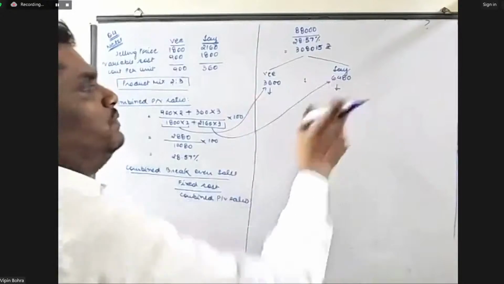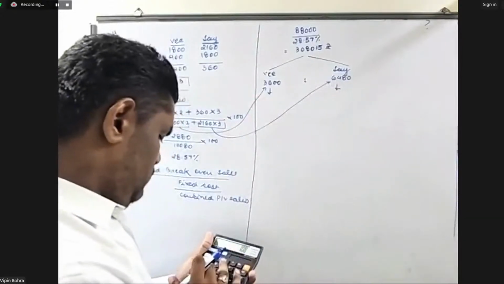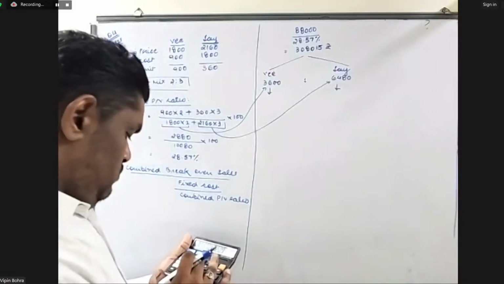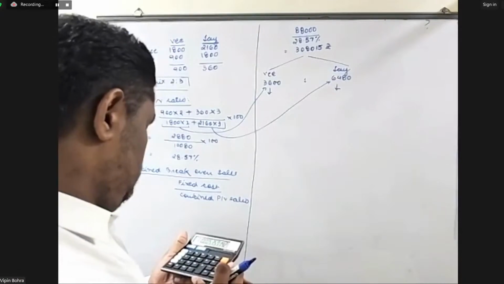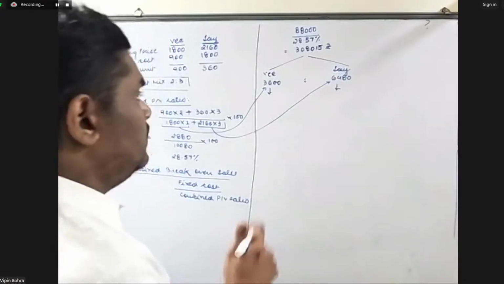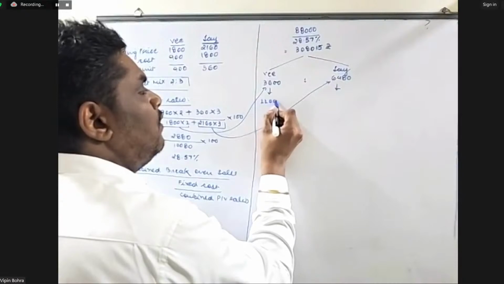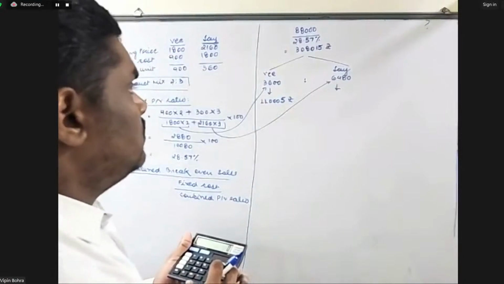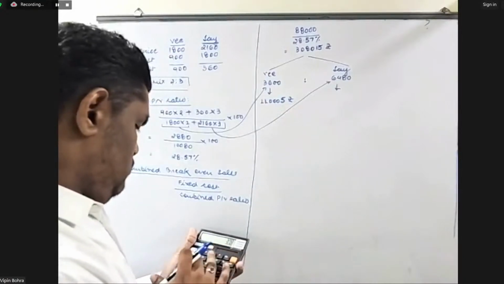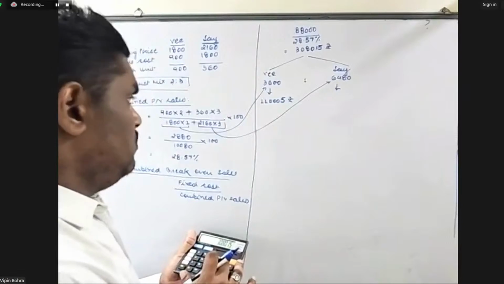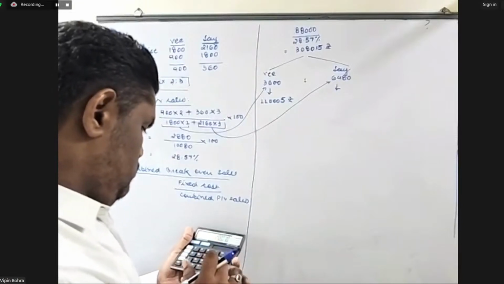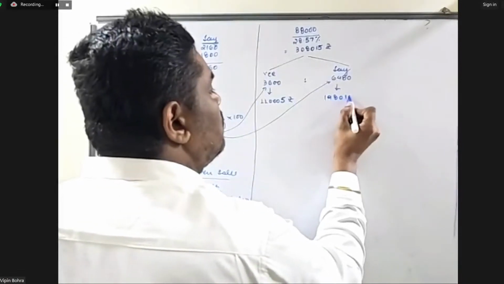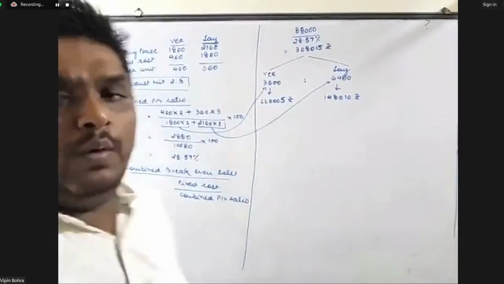That is in the sales ratio. So this will be 111005 and 198010.